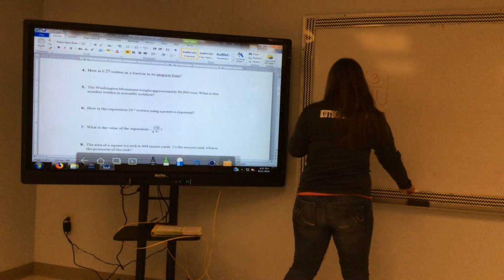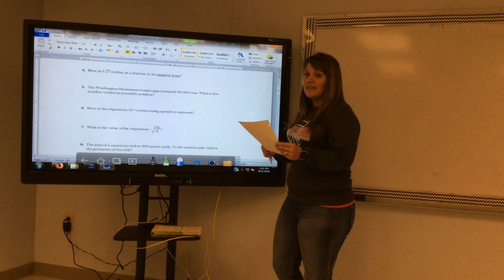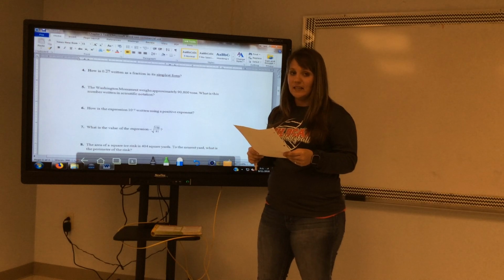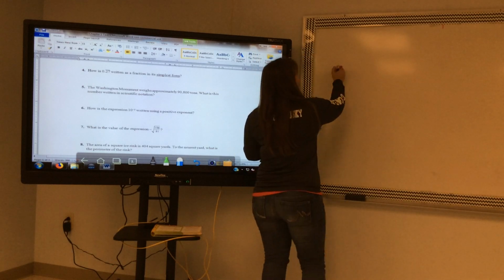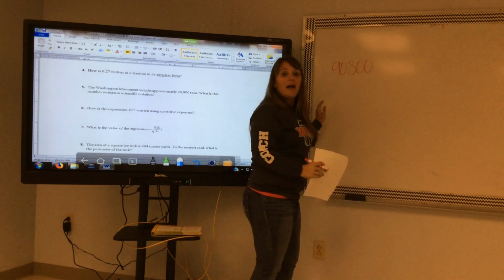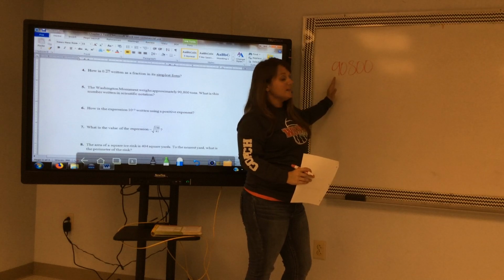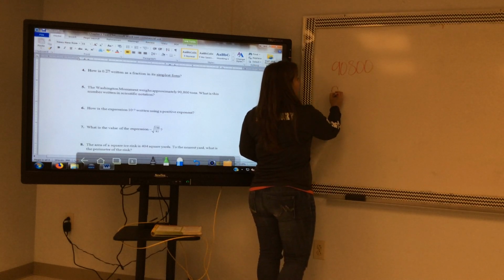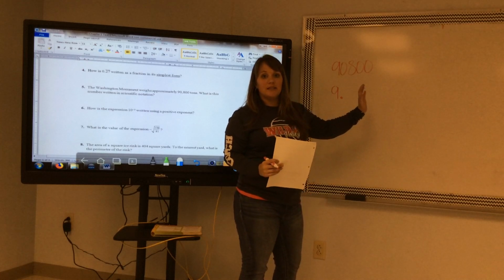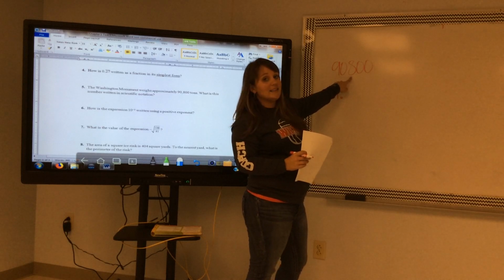Number 5 says Washington Monument weighs approximately 90,800 pounds or tons. What is this number written in scientific notation? So I have the number 90,800. I look for my first digit starting at the left, my first digit that's not a 0, and I get a 9. Then I add my decimal, and I add any significant numbers after that. So this 0 is significant since there is an 8 after it.